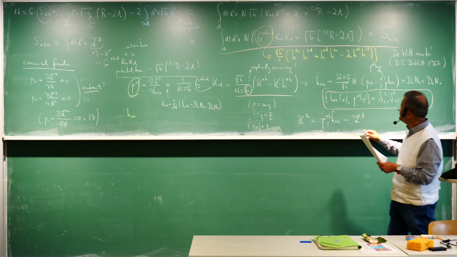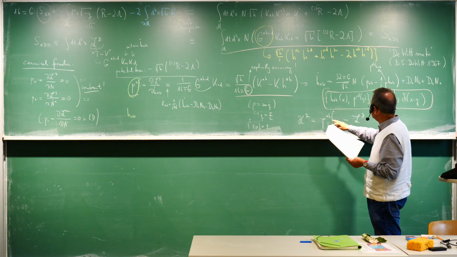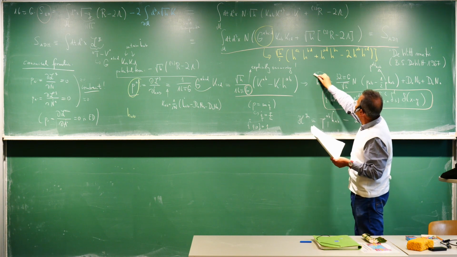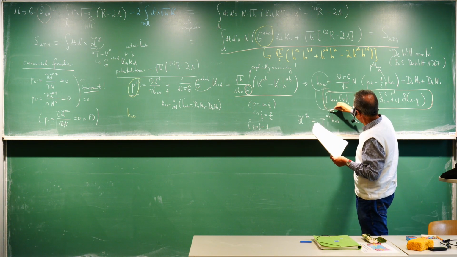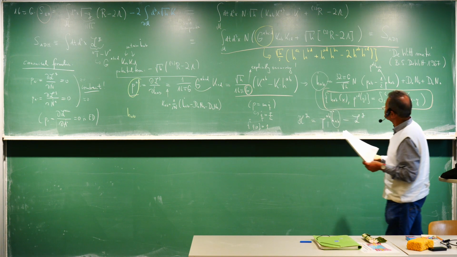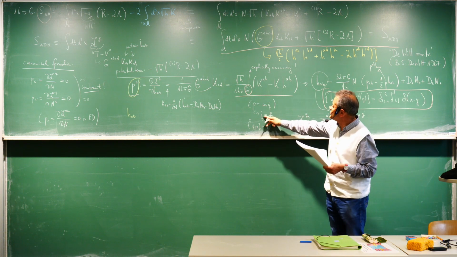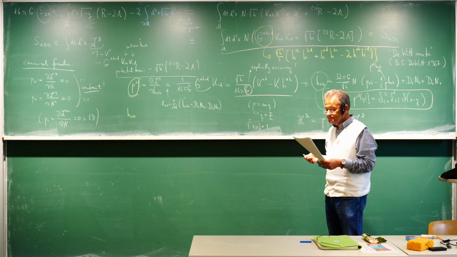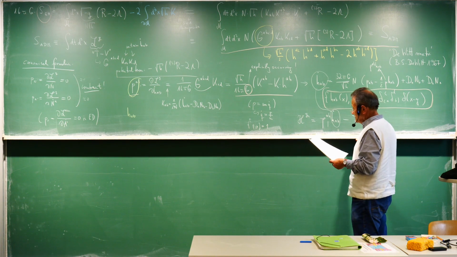And of course, this depends only on the p's and the q's, and not on the velocities, so this has to be put in here. Like in the usual case, you have the q dot, you have to insert it there. Okay, and what you get is then the following.